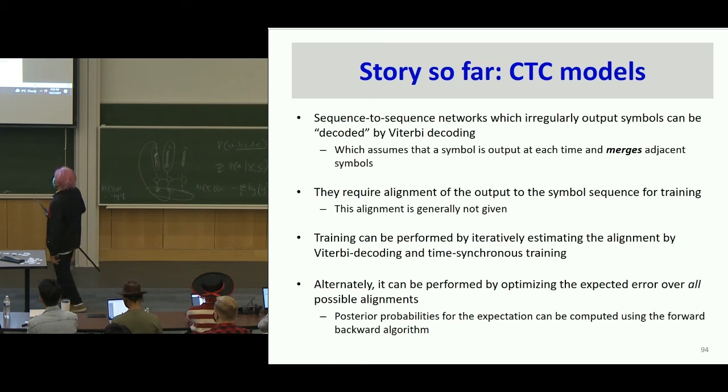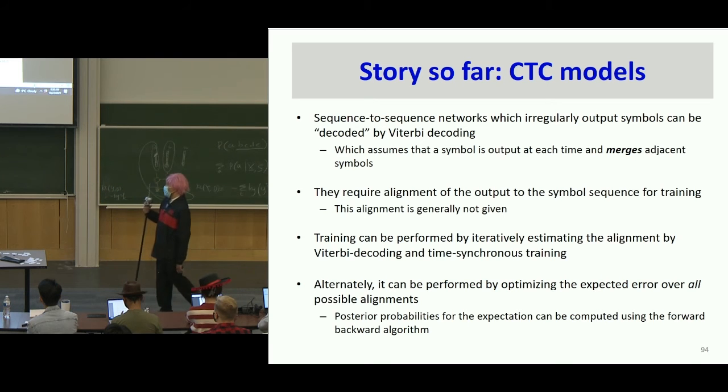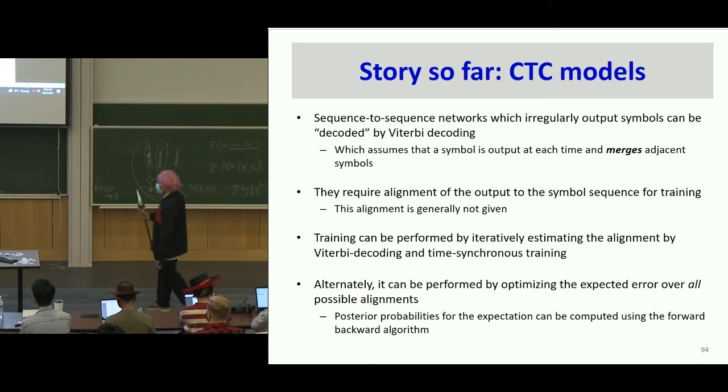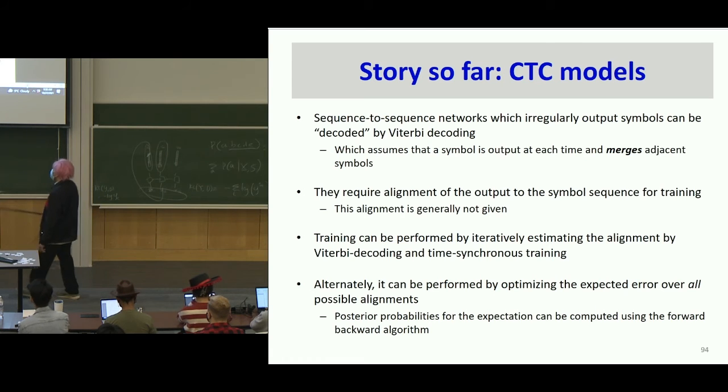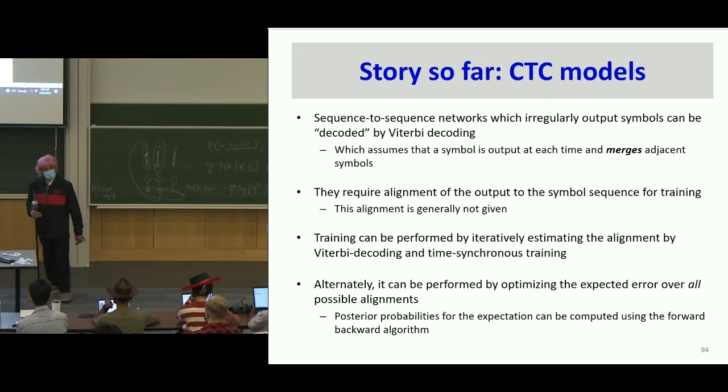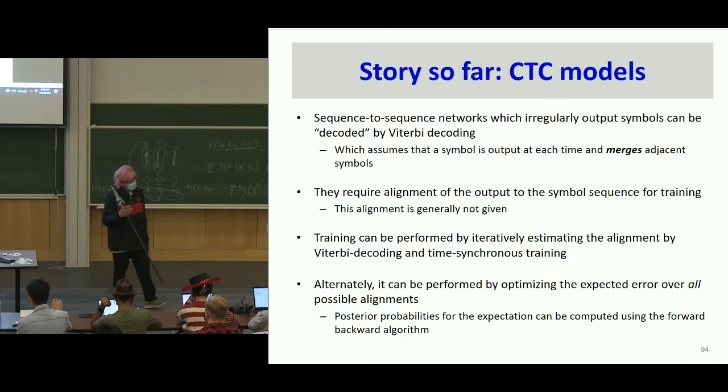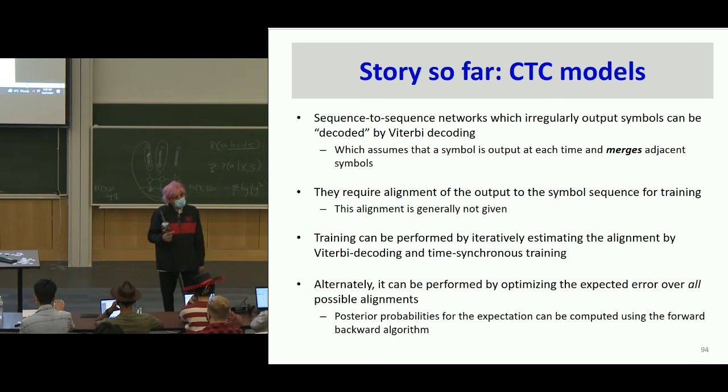Training can be performed by iteratively estimating the alignment by Viterbi decoding, and time synchronous training, or alternately, you can simply train by optimizing the expected divergence over all possible alignments. And that is going to be more optimal because you're less likely to get stuck in local optimum. But then we're not done.